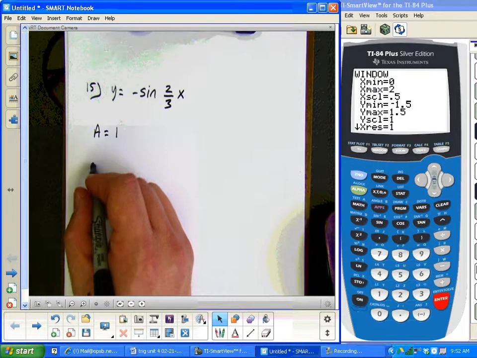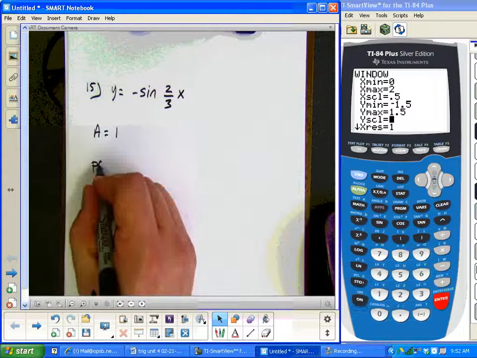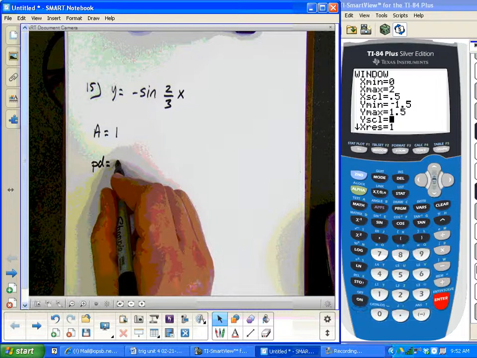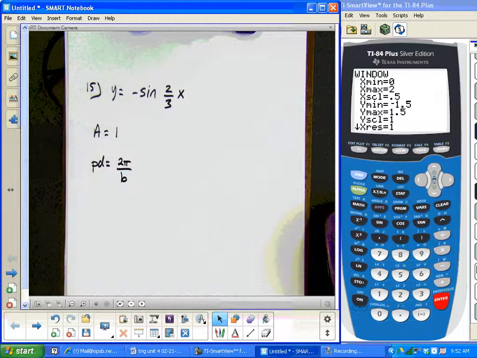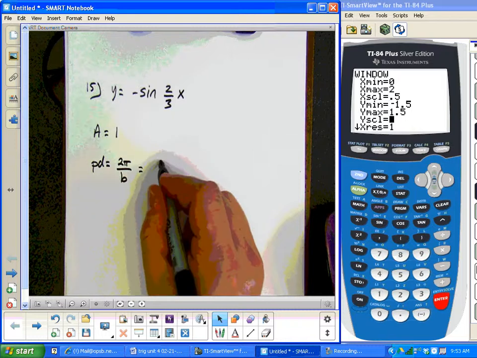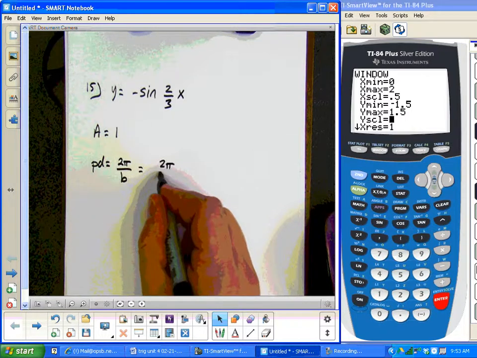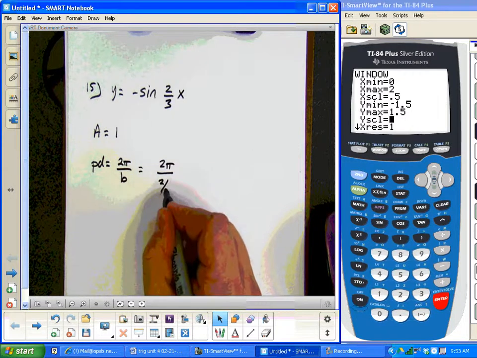All right, the period, the way we do it for sine and cosine, is 2 pi divided by b, where b is the coefficient in front of my x. So what's my coefficient? 2/3. So 2 pi divided by 2/3.